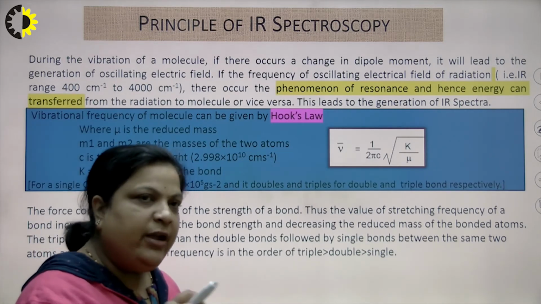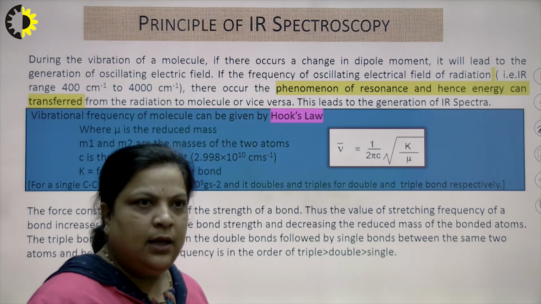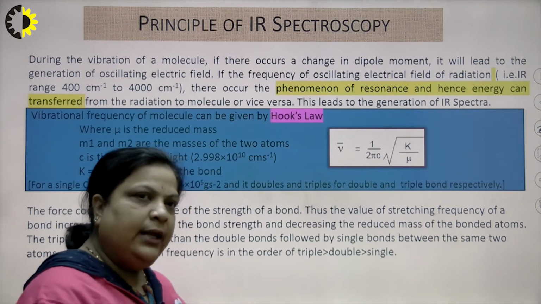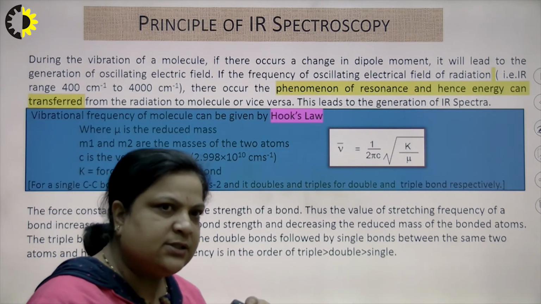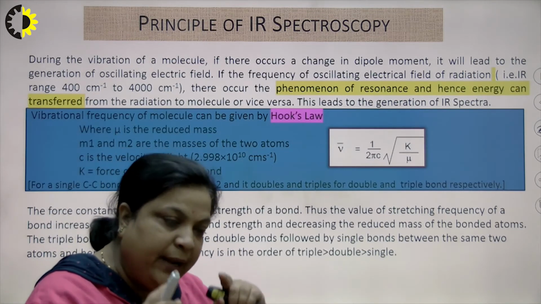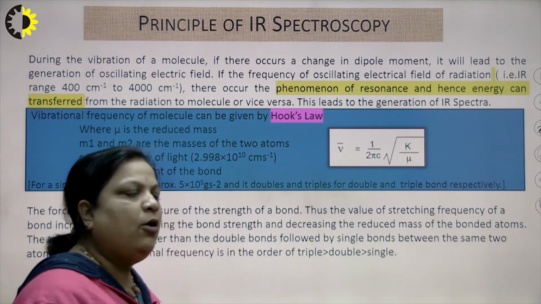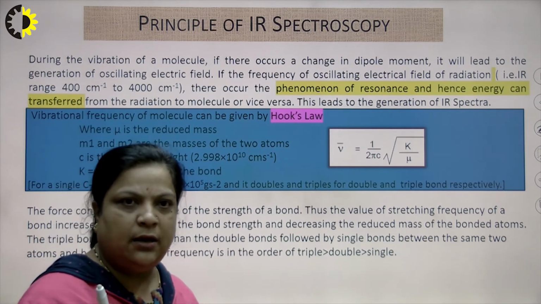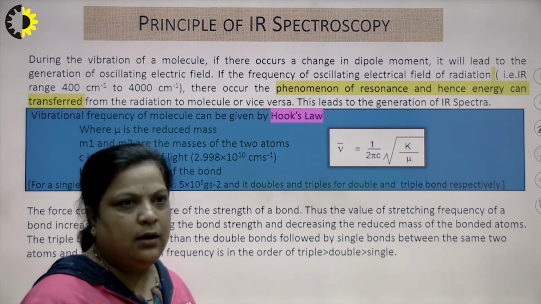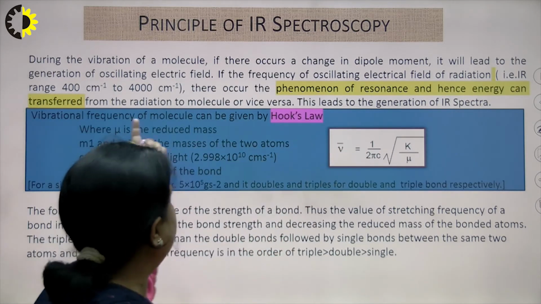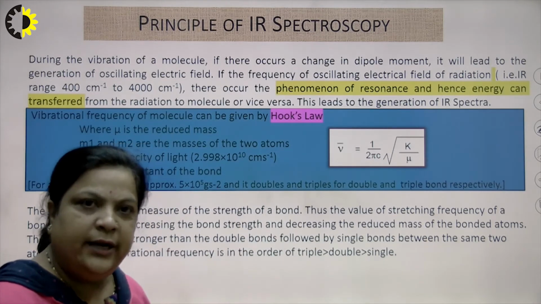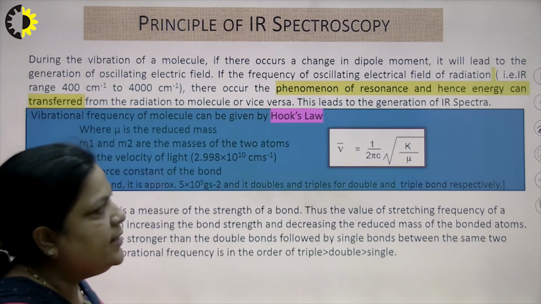When we apply the IR radiation, it will produce an electric field, and if the frequency of this oscillating electric field becomes equal to the frequency of the IR radiation, or electromagnetic radiation, then resonance will occur. Resonance means energy can be transferred from the radiation to the molecule or from the molecule to the radiation, and this leads to IR spectra.